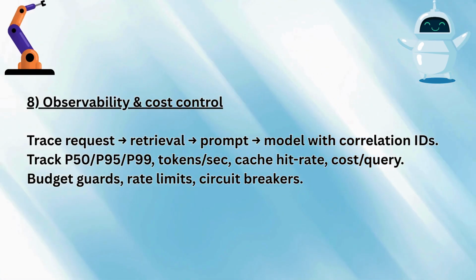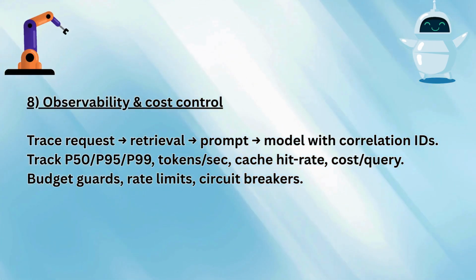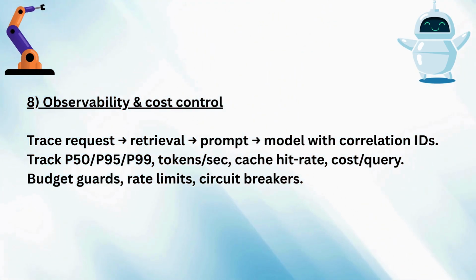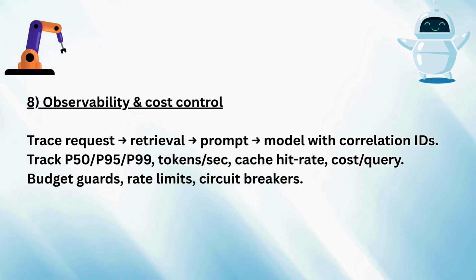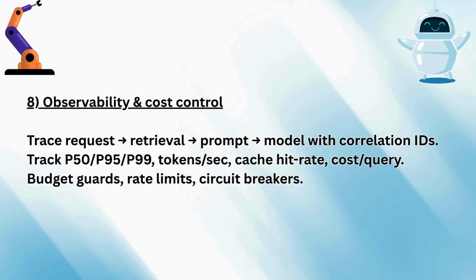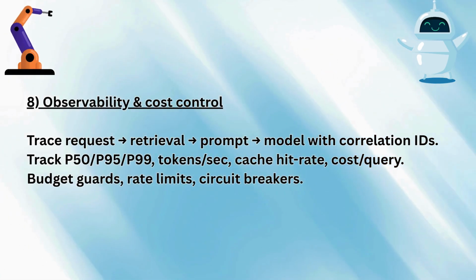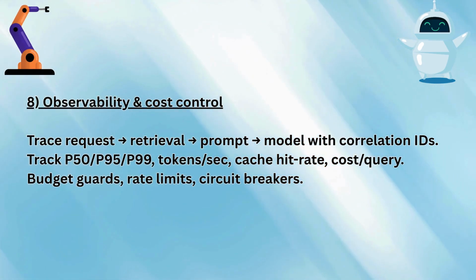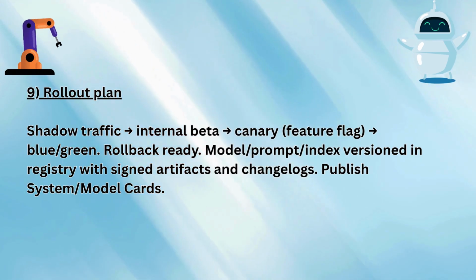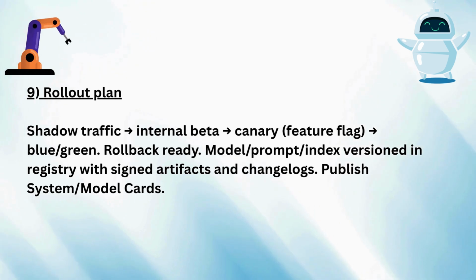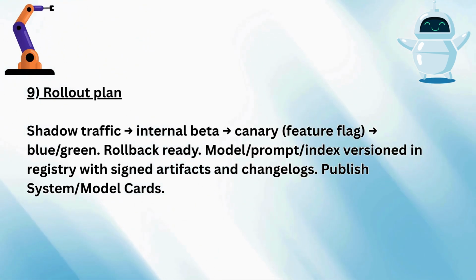8. Observability and cost control. Trace request to retrieval to prompt to model with correlation IDs. Track P50/P95/P99, tokens per second, cache hit rate, cost per query. Budget guards, rate limits, circuit breakers. 9. Rollout plan: shadow traffic, internal beta, canary, feature flag, blue-green.